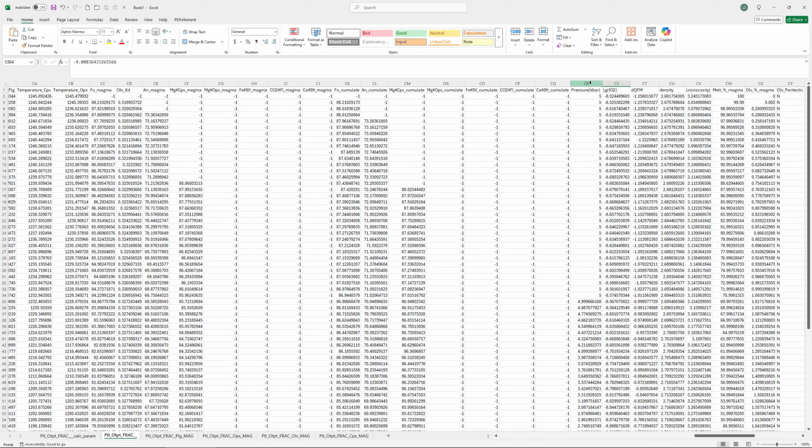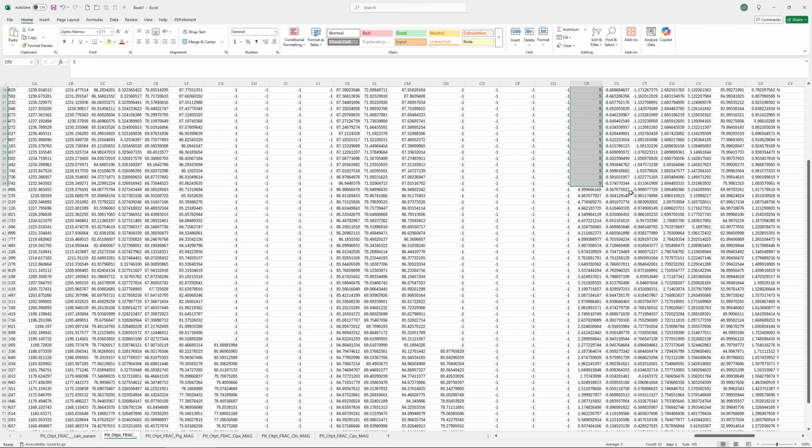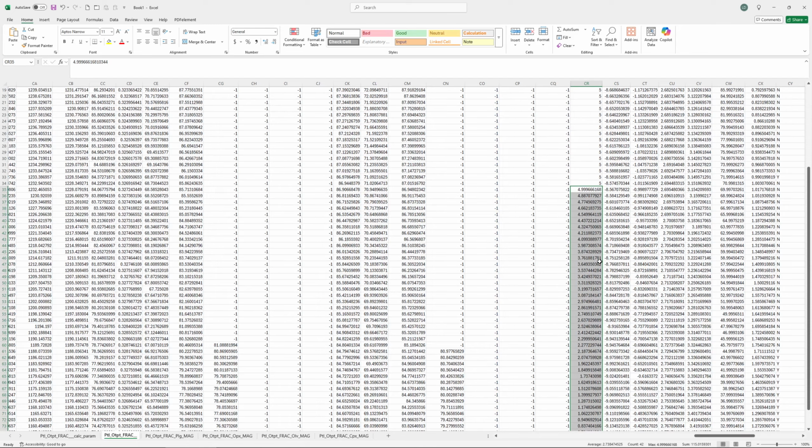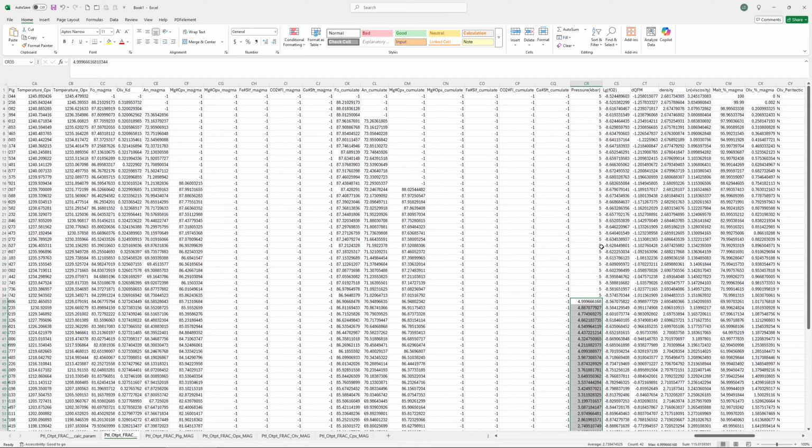The next column is pressure, and for this particular calculation we made pressure change with extent of crystallization. What was set in there is that for the first 30% of crystallization pressure remained constant at 5 kilobars, and then we modeled ascent to 0.5 kilobar at the end.